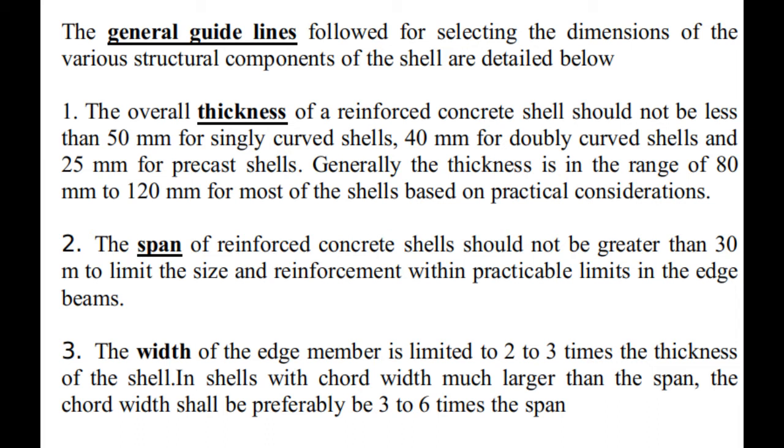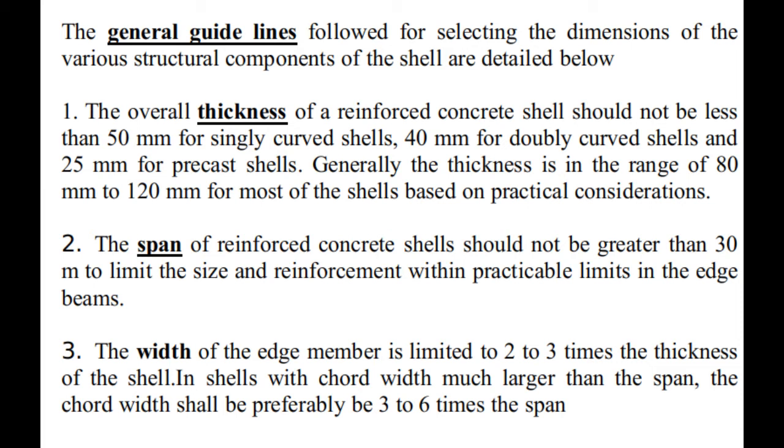Generally the thickness is in the range of 80 mm to 120 mm for most of the shells based on practical requirement. The second point is the span of the shell should not be greater than 30 meters, to limit the size and the reinforcement, keeping in view the practical considerations of designing the edge beam.